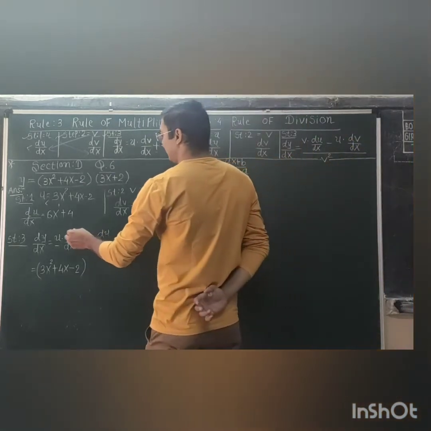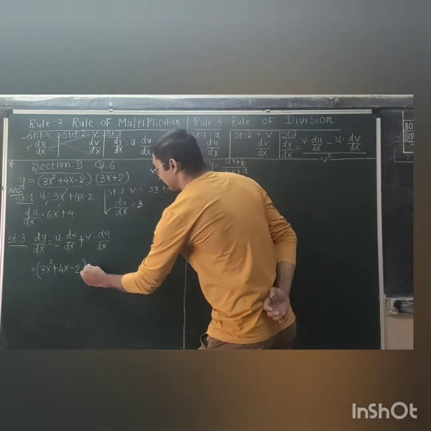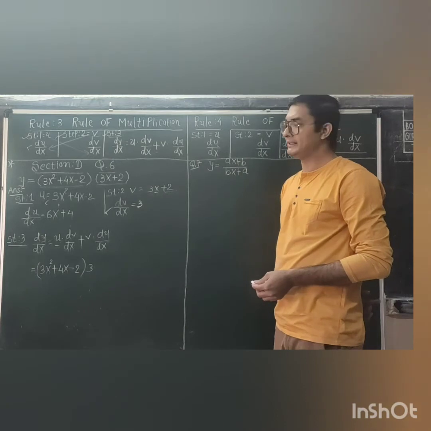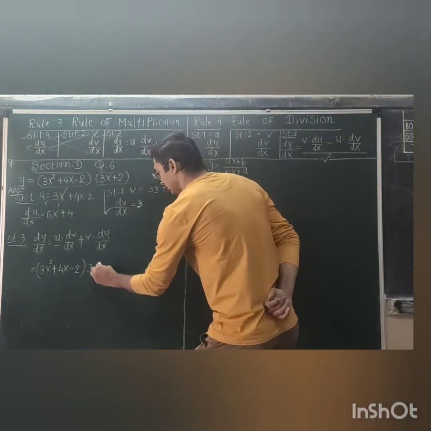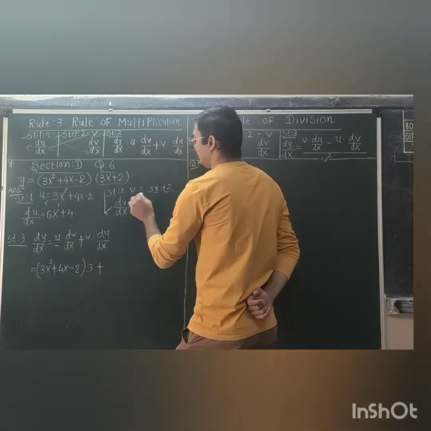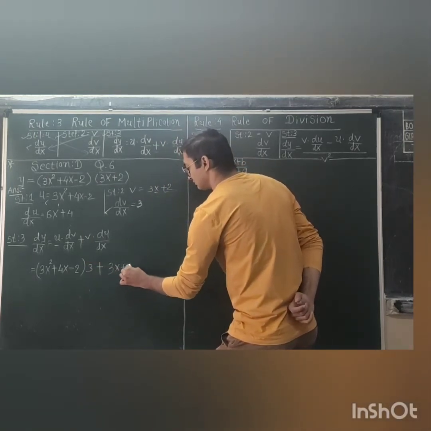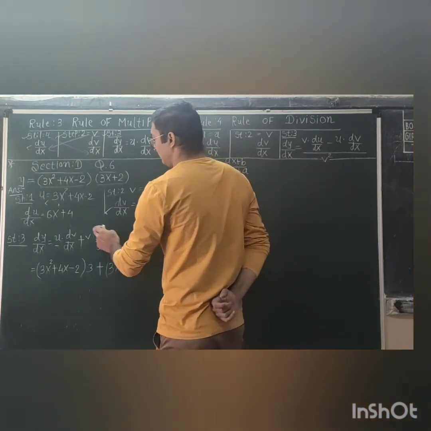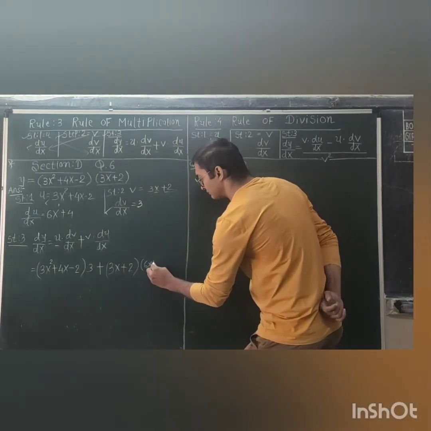Thereafter, it is dv upon dx, and the value of dv upon dx is 3. Got it? Now plus here it is v, so 3x plus 2, and it is multiplied by du upon dx, which means 6x plus 4.